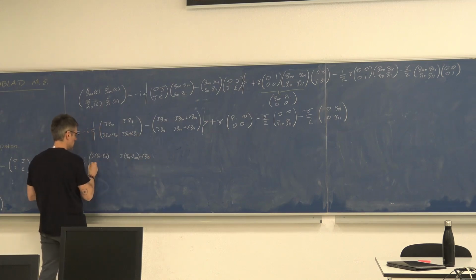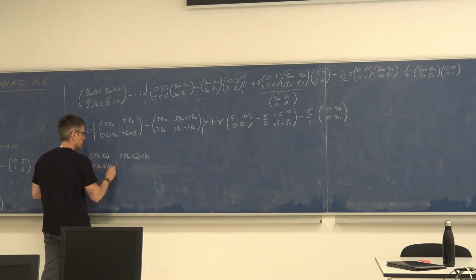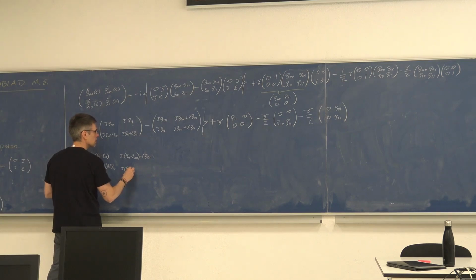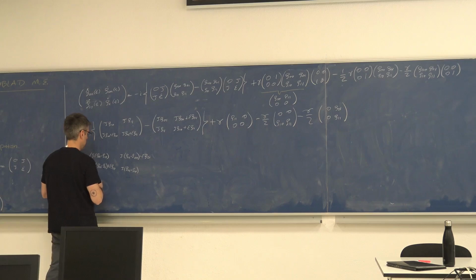This minus this, J rho 0 0 minus rho 1 1 plus epsilon rho 1 0. And finally, J rho 0 1 minus rho 1 0, 0.